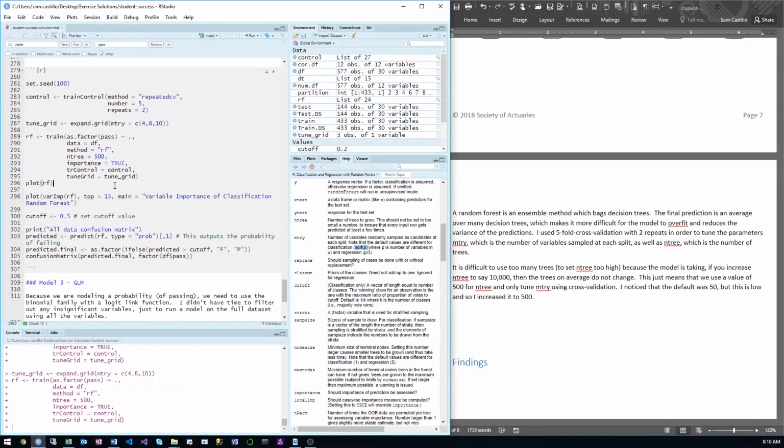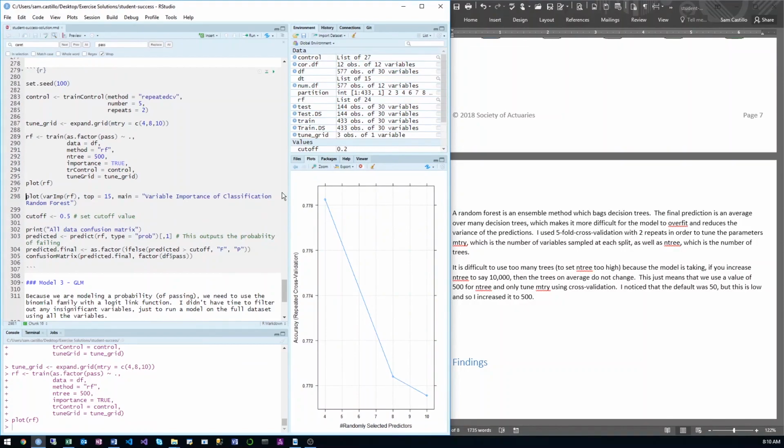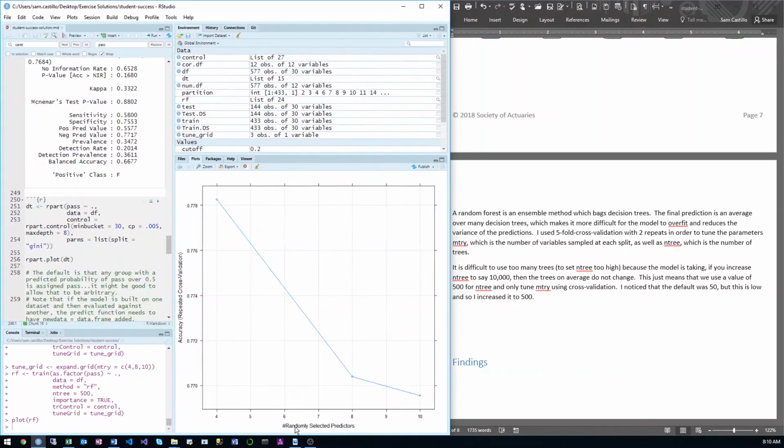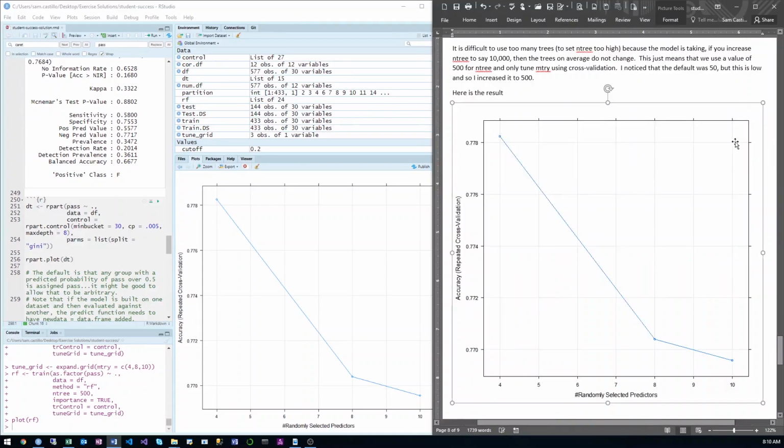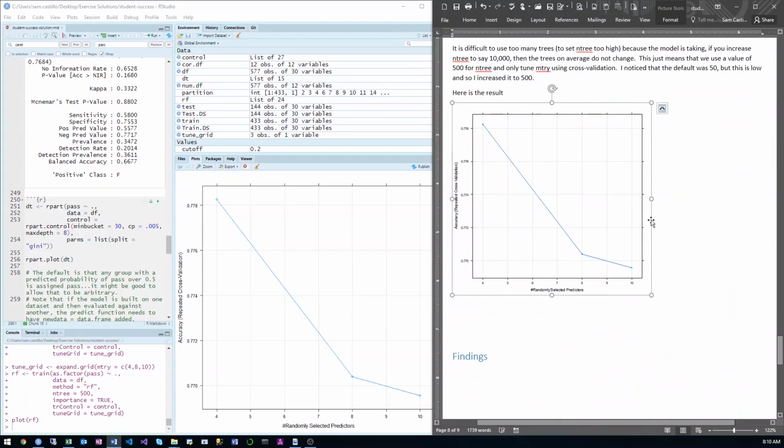Okay, it looks like it finished. If you just run plot, it will show you the number of randomly selected predictors, which is mtry, against accuracy. Here is the result. It looks like accuracy is highest when using mtry equals 10.